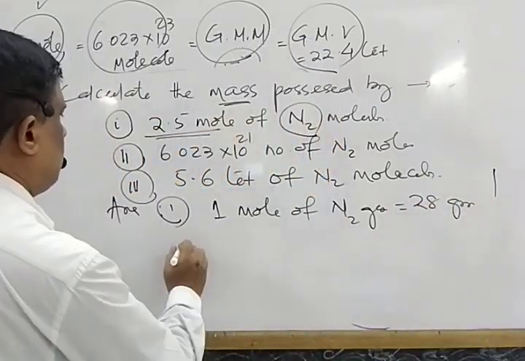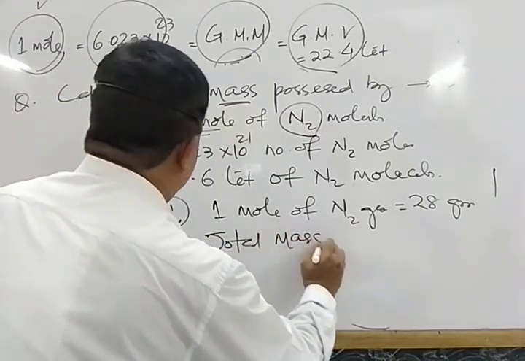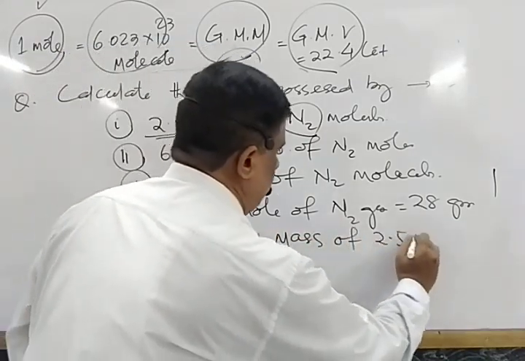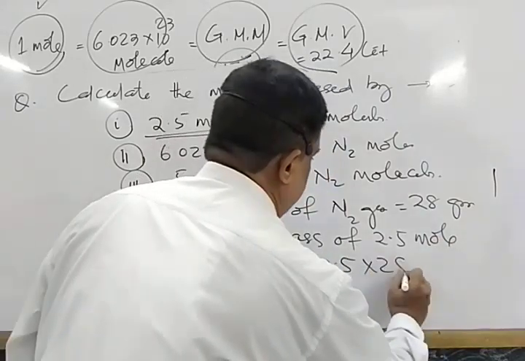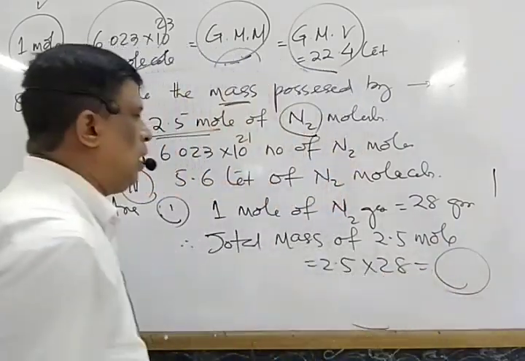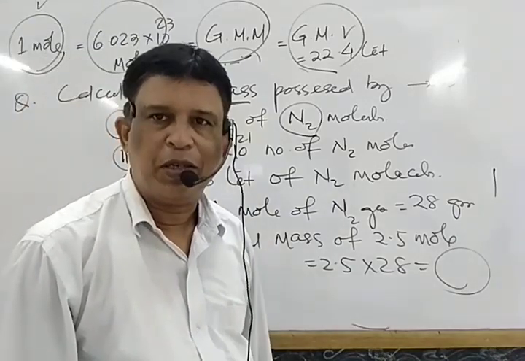Therefore, the total mass of 2.5 mole is equal to 2.5 into 28. This is the total mass of 2.5 mole of nitrogen molecules.